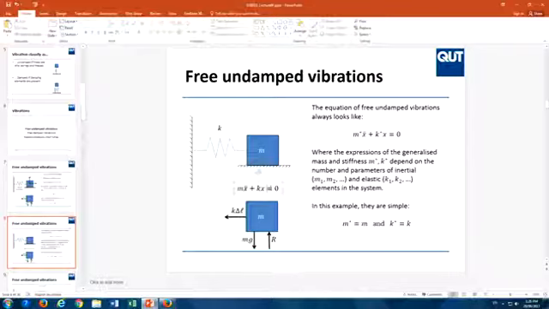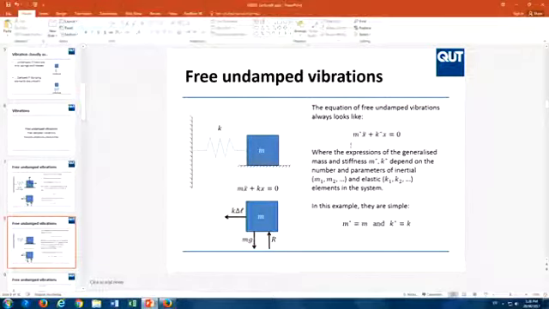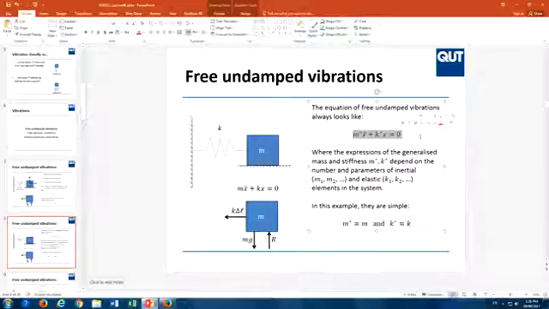Actually, all vibrating systems which are undamped end up in an equation which looks like this. And I wrote it this way. All systems which vibrate with 1 degree of freedom, so there's only one body moving, let's say.